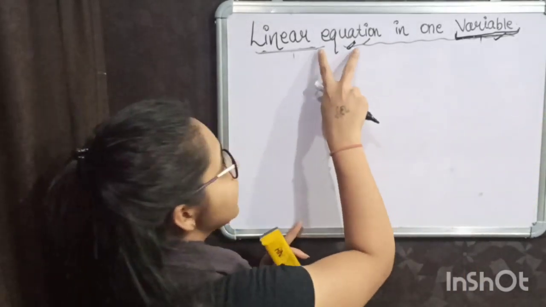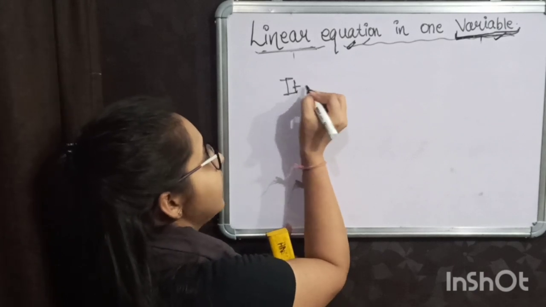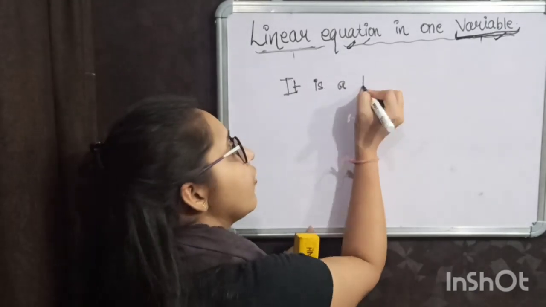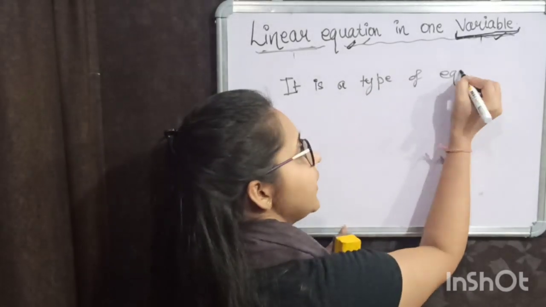So the definition of a linear equation in one variable is: it is a type of equation. First of all, it must be an equation.